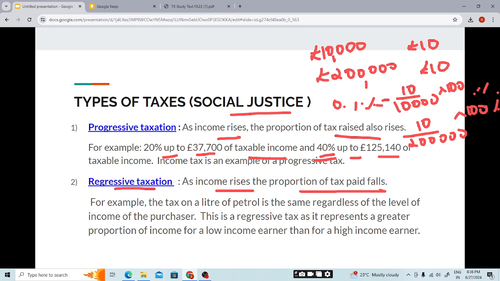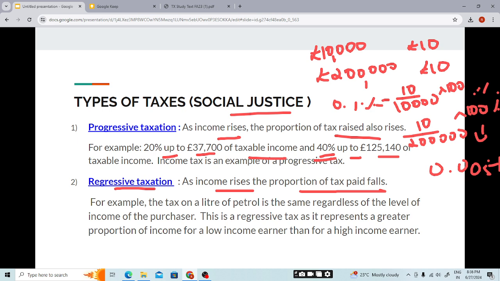And for the 2 lakh pounds, you will be getting 0.005 percentage. Your income is rising, but you are still paying the same amount of tax, and the proportion of the tax paid is reducing. Here you paid 0.1 percentage of your income, and here you paid 0.005% of your income.